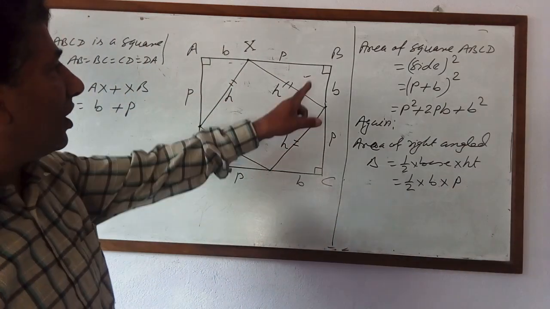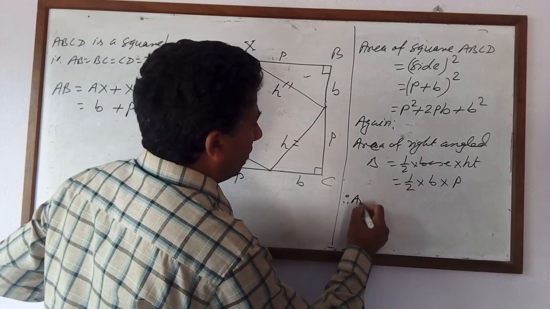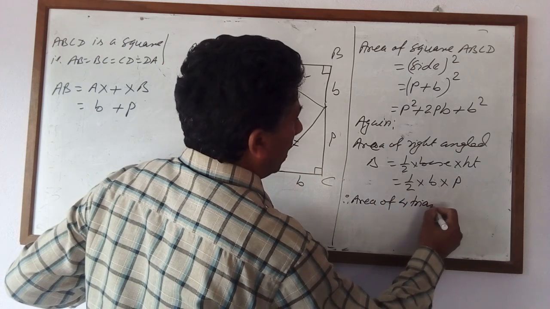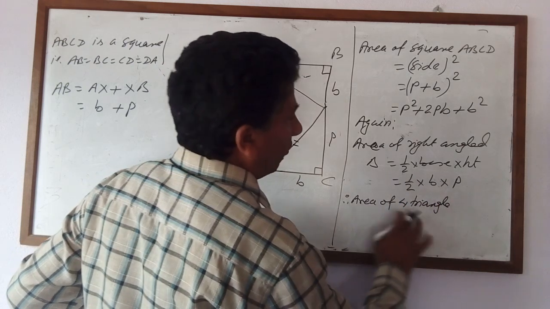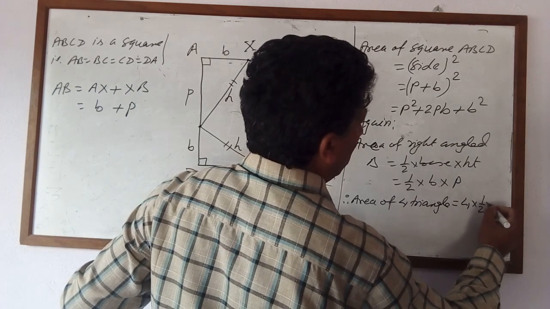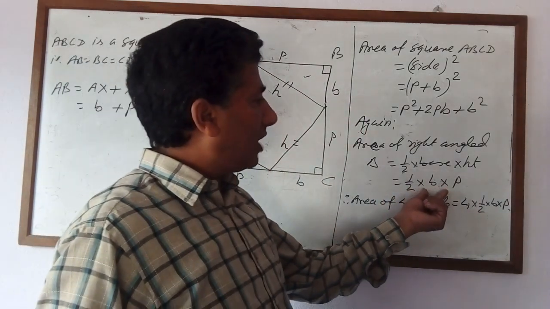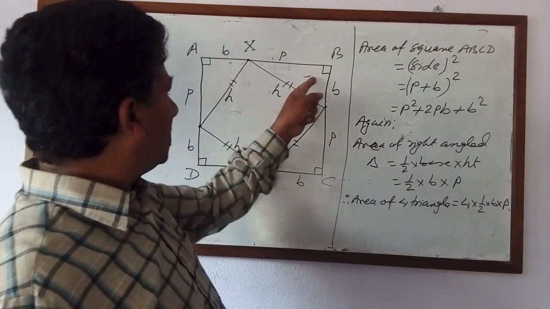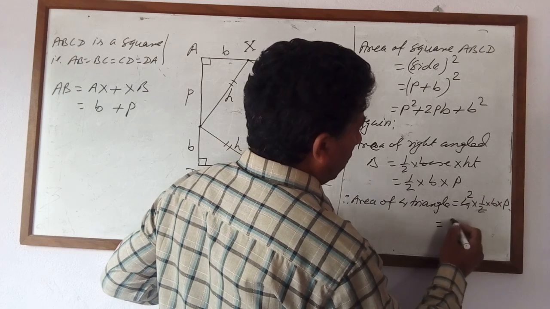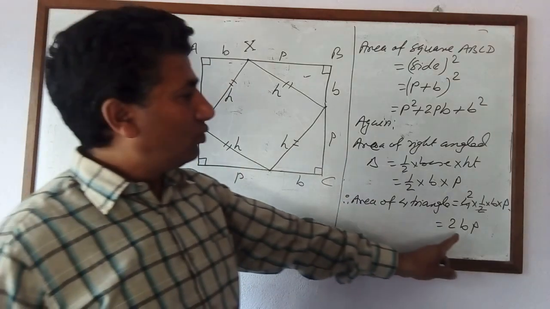Now here are 4 triangles, 1, 2, 3, 4. Therefore the area of 4 triangles, they being of equal area, equals 4 times half B times P. This one is the area of one triangle, multiply it by 4, that gives the area of this plus this plus this plus this, the area of 4 triangles. The 2 cancels this, so the area of these 4 triangles is 2BP.